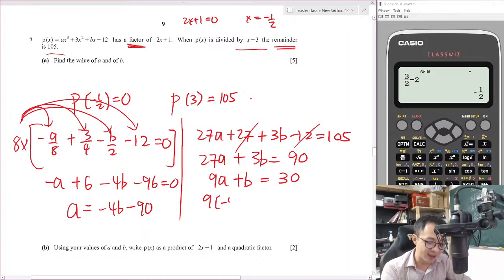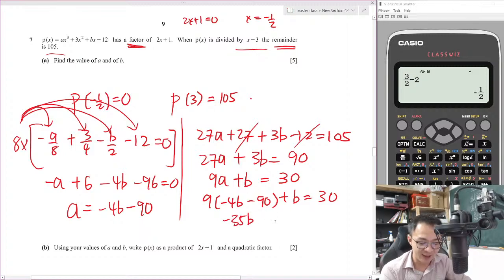So my a is negative 4b minus 90, plus b equals 30. The number is quite big. So negative 36b plus 1b is 35b. This is minus 810, so plus 810 will be 840.